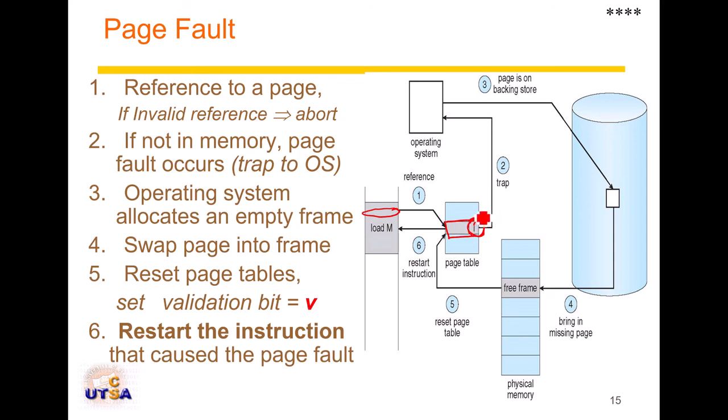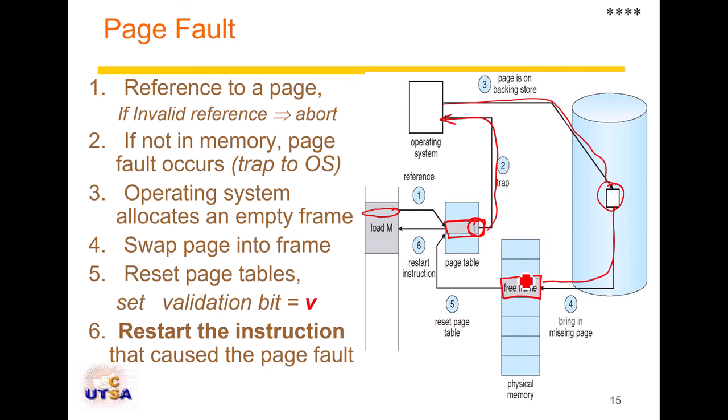When that page fault happens, the operating system takes control and saves everything about your process. We know how to do the context switching, right? So then it goes into the operating system, and the operating system simply goes to the disk, gets the corresponding page, and copies it into one of the available frames in the physical memory.